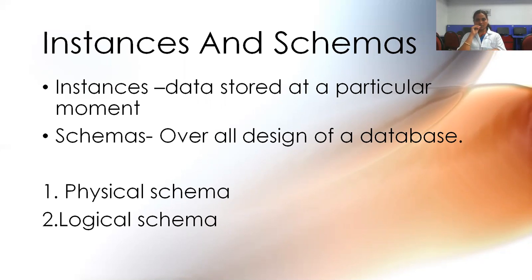The overall design of the database at the logical level is called the logical schema. In the view level you will also have several sub-schemas. So that's all. These are the introduction to the database management system.